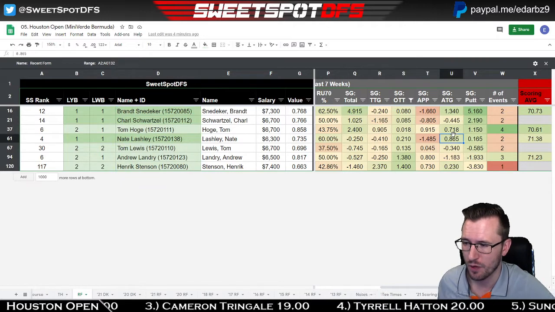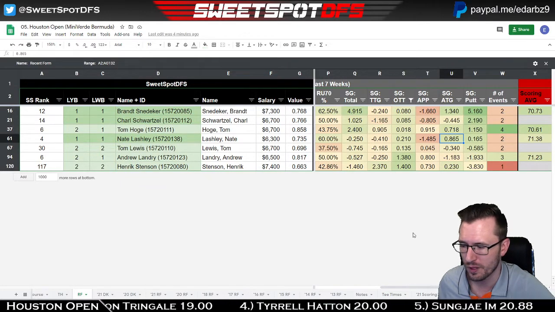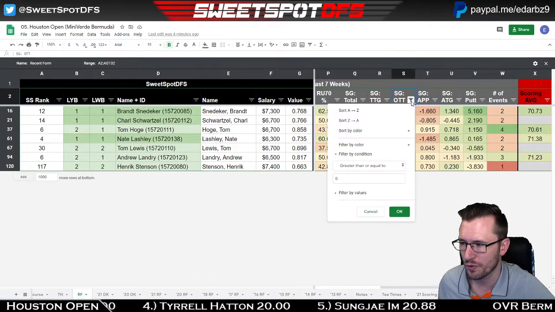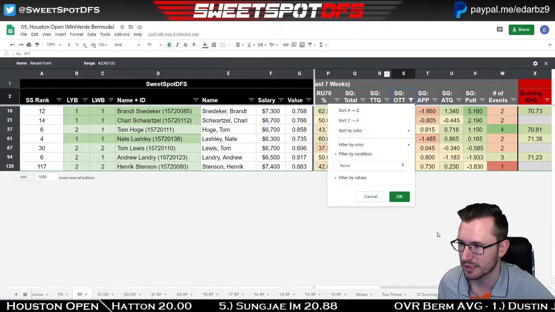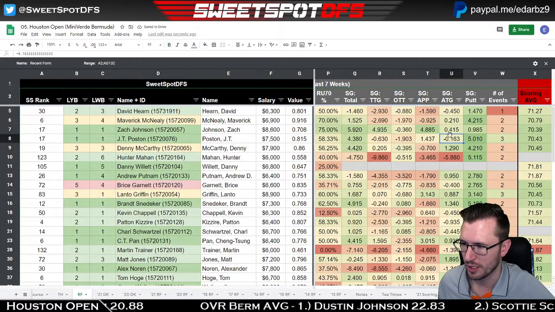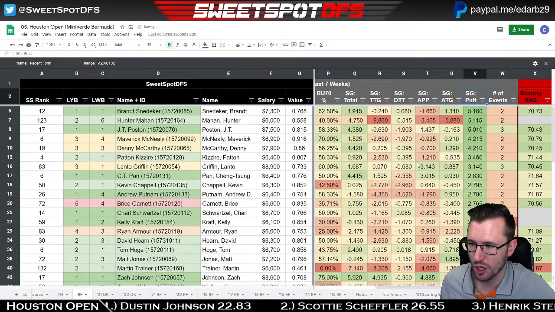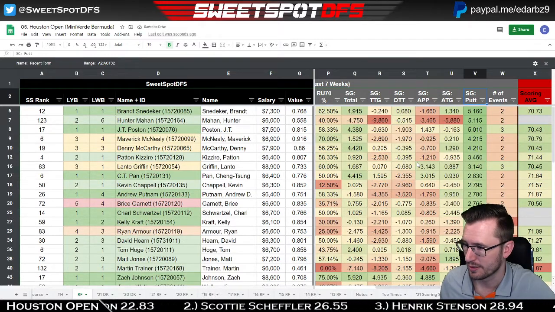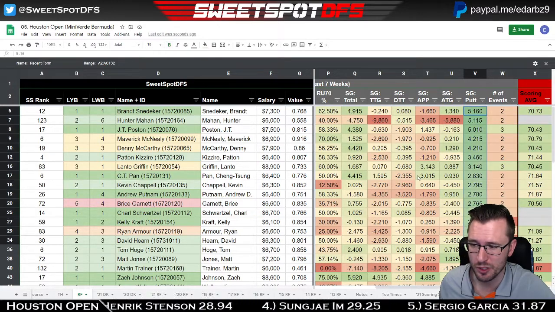Now, the only thing that I added with all of this was, I don't think we necessarily need this. We can look at all of these golfers and try to find bad off the tee to go with good putting stats. I mean, these numbers might be skewed a little bit.